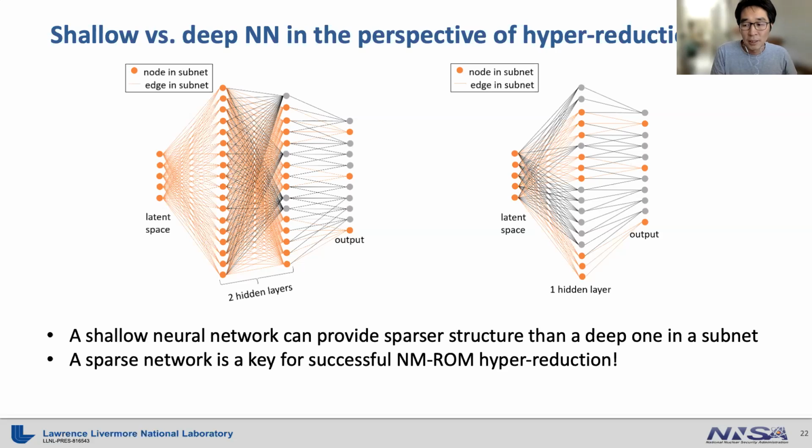By the way, this is ongoing research. Every time I talk to reduced model groups worldwide, they are working on this nonlinear manifold reduced model, because it's a hot topic in the reduced model community, but they are struggling with obtaining an efficient hyper reduction with a deep neural network structure, for the very reason I have explained.